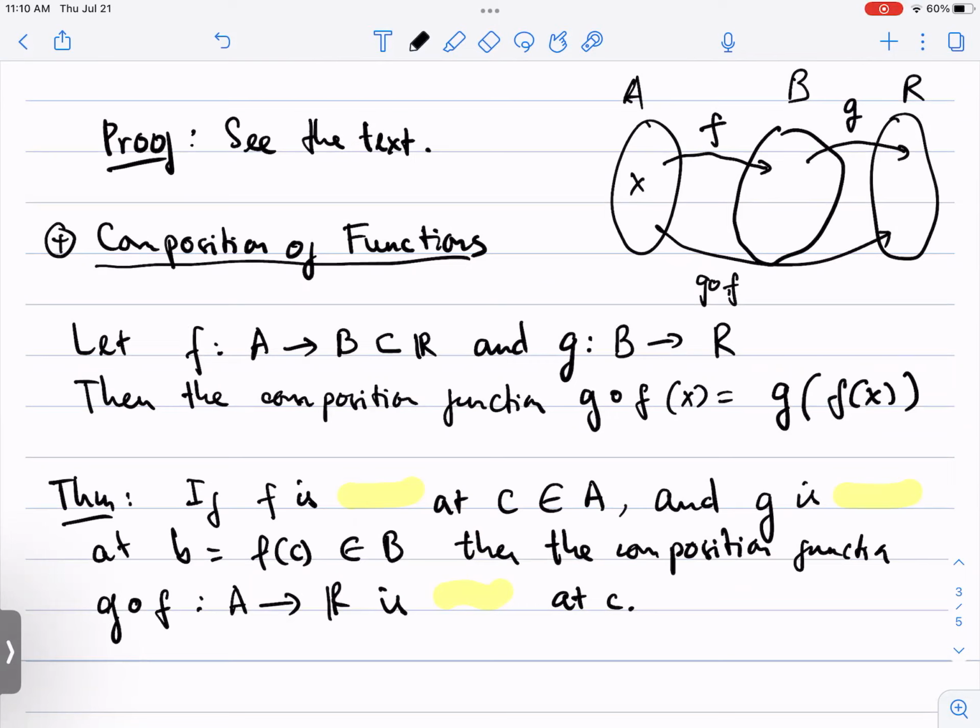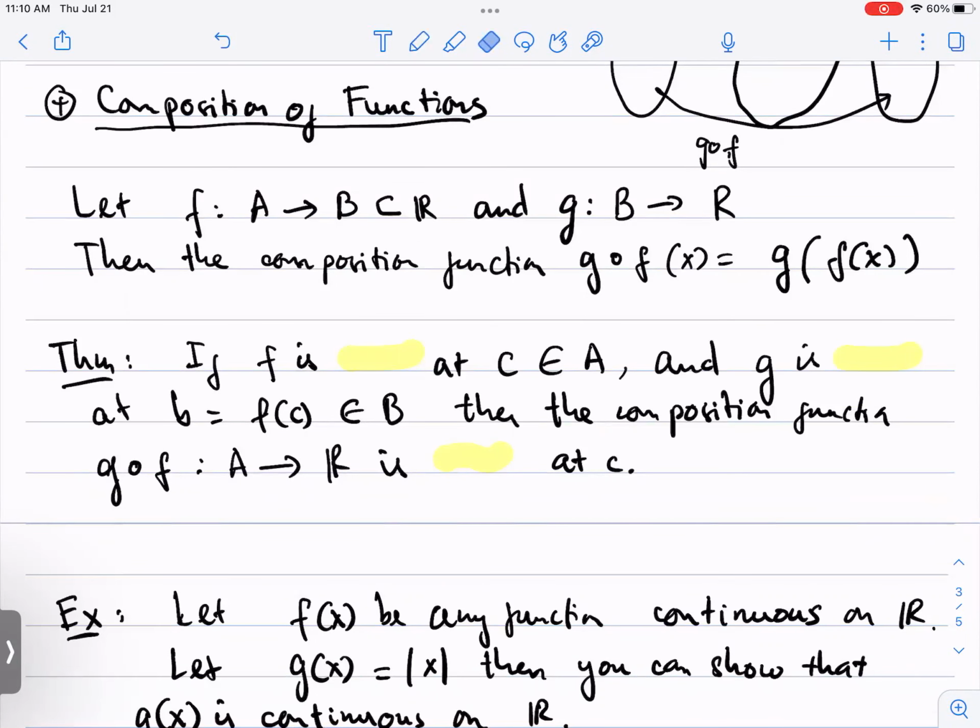So the composition is visualized by this diagram above. The composition function g composed with f is a function from the set A to the set of real numbers R. This is really composing the effect of two functions f and g in that order.